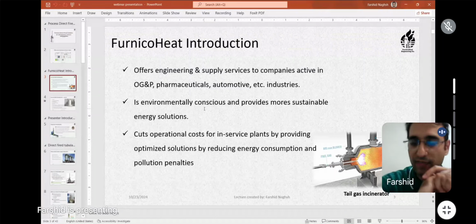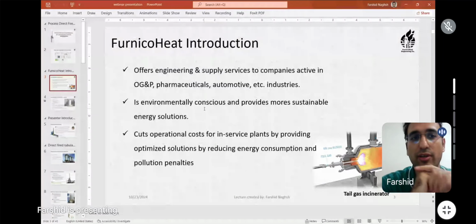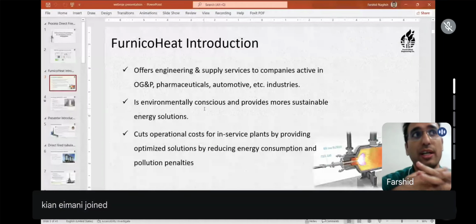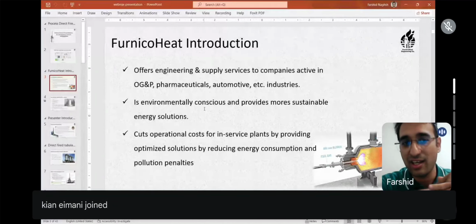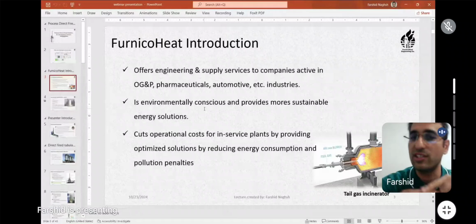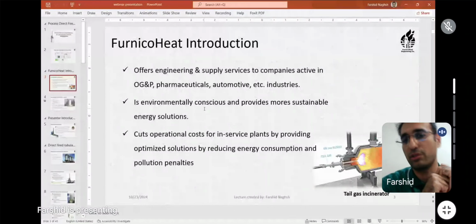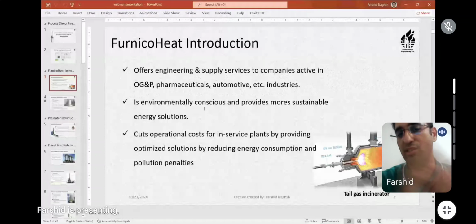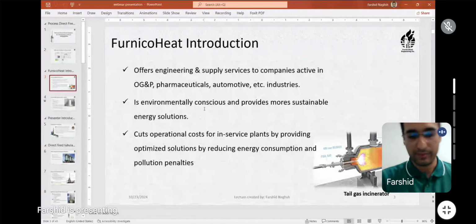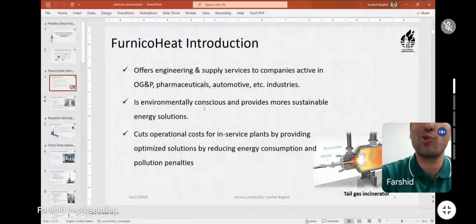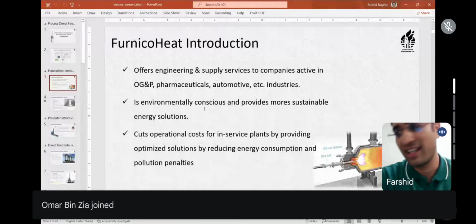So if we control the energy usage, resource usage, and also the pollutants, we can cut operational costs for in-service plants by providing an optimized solution. You know that most of the combustion equipment in plants holds the most energy consumption costs inside a plant.